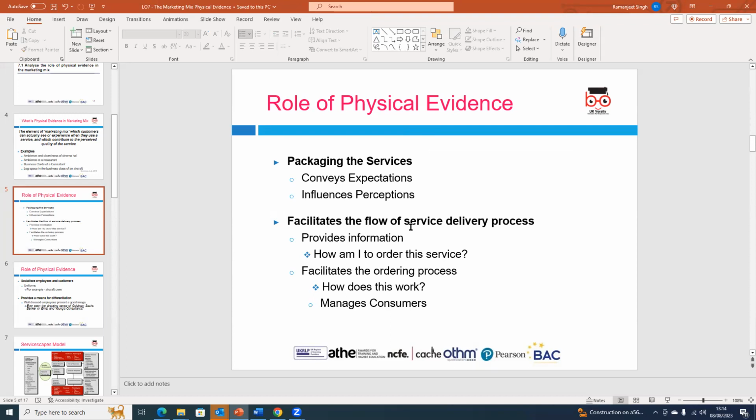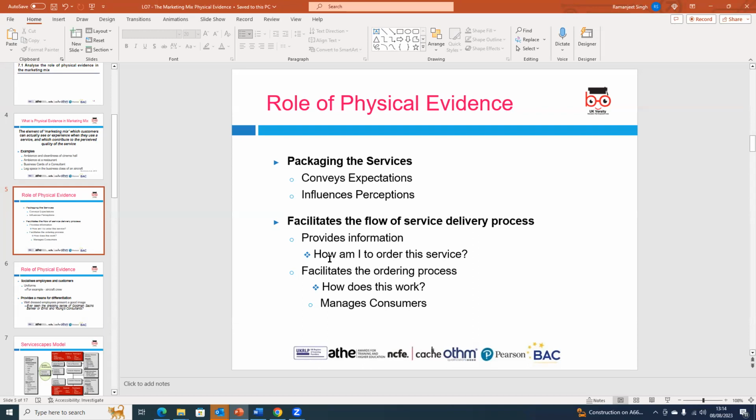Facilities, the flow of the service delivery process, provide you information on how you are going to order this service. The role of physical evidence is important in the sense of facilities: how does it work, how do you manage your consumers, how do you look at the influence of perception, how do I order?